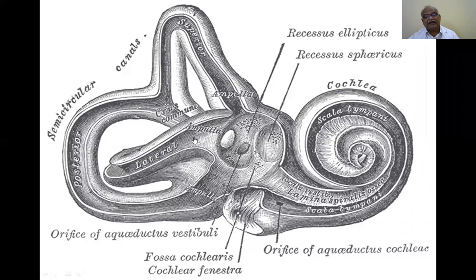The lateral is perpendicular to the vestibule. So the three semicircular canals are at different angles to the axis of the vestibule.